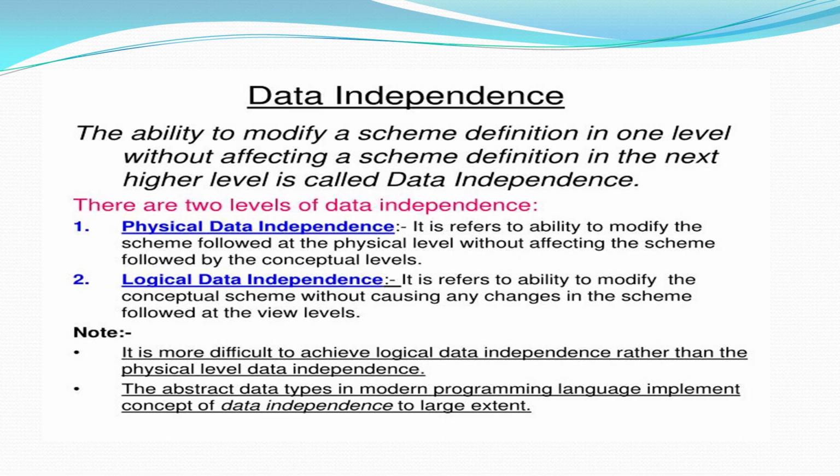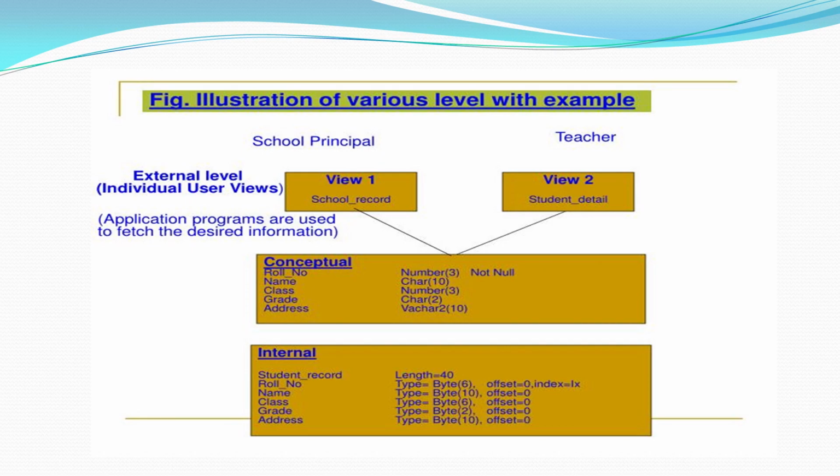The abstract data types in modern programming languages implement the concept of data independence to a large extent, which is a blessing in the form of a database. Here the diagram describes the various levels of data abstraction.